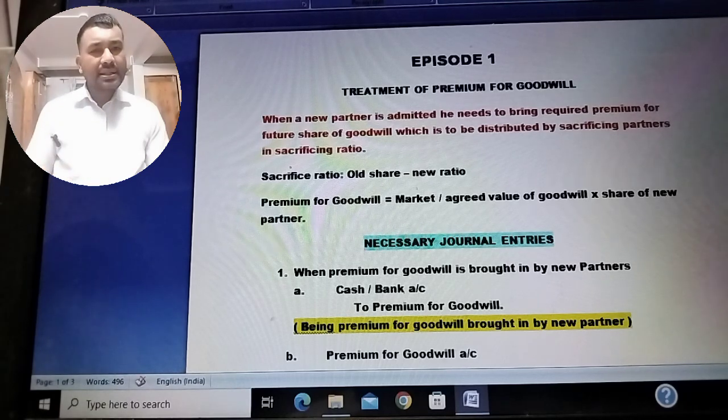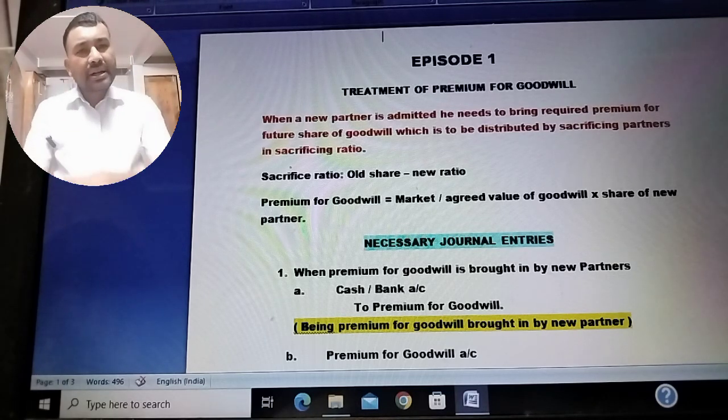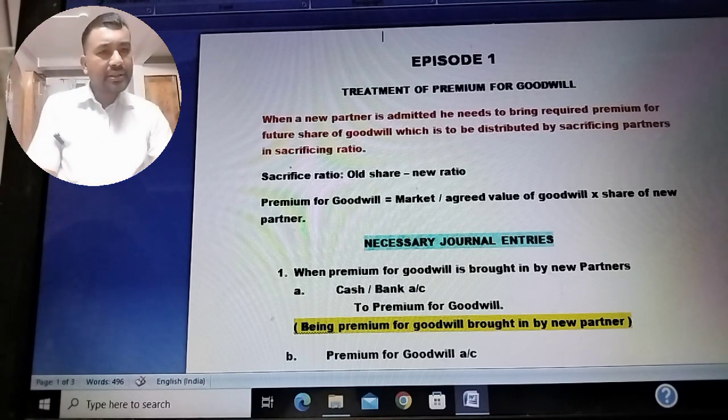Because of that, the new partner has to compensate the old partners by paying the required amount for premium for goodwill, which is ultimately transferred to sacrificing partners' capital accounts in the sacrificing ratio.